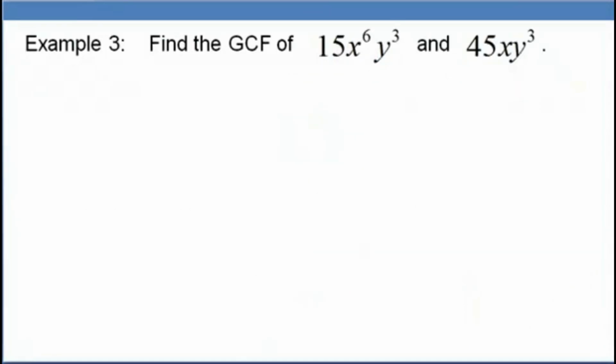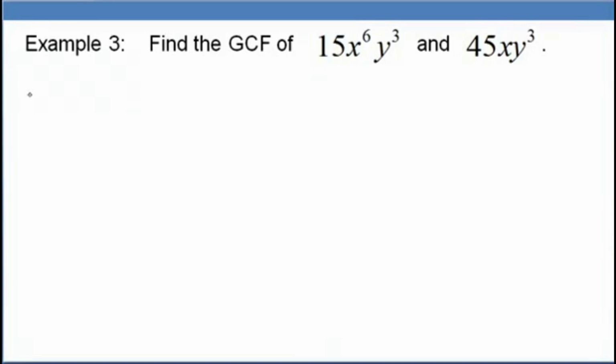For our next example, find the GCF of 15x to the 6y cubed and 45xy cubed. So we'll do these with numbers and then each type of variable. For the numbers, one trick I always look at is see if the smallest number will divide evenly into the largest. And the 15 does go evenly into 45. So 15 is going to be our GCF for the number.